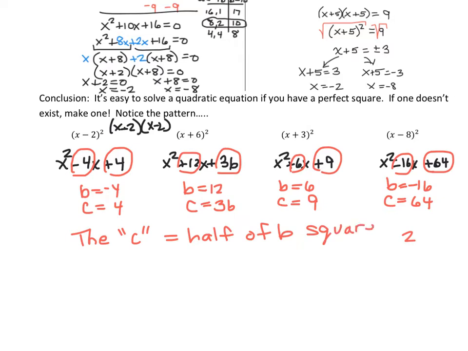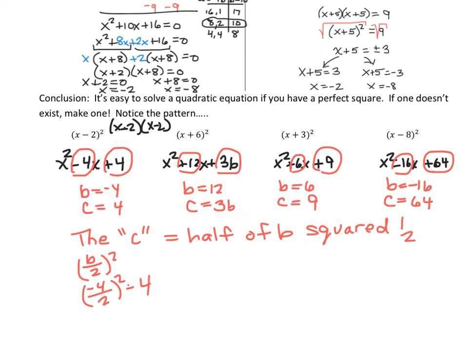So if you look at this very carefully, in this first example, b is negative 4. If we divide b by 2 and then square it, we've got negative 4 divided by 2 squared equals positive 4.